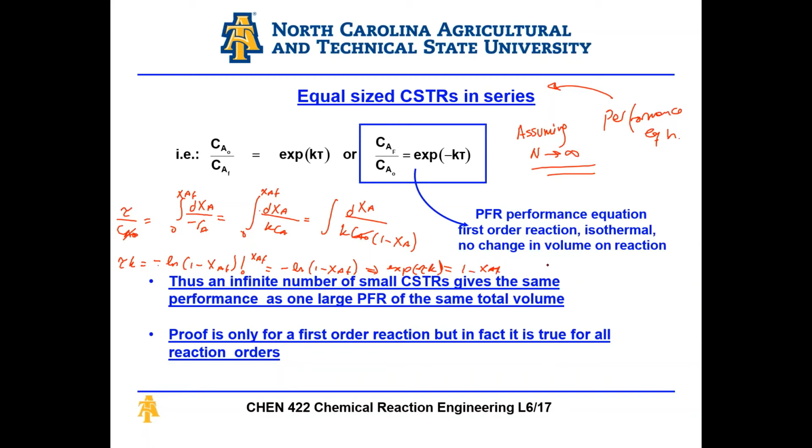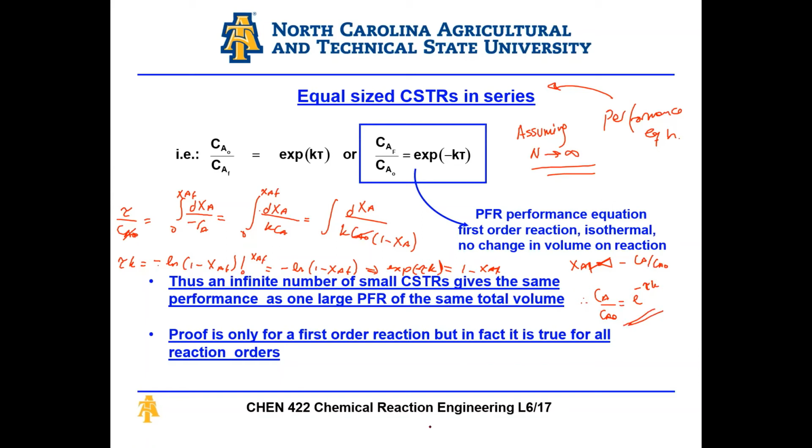And if you recall, by definition, XAF is equal to 1 minus CA over CA naught, so 1 minus XAF is equal to CA over CA naught. Therefore, CA over CA naught is equal to exponential of minus tau k. So you're going to get the same equation.